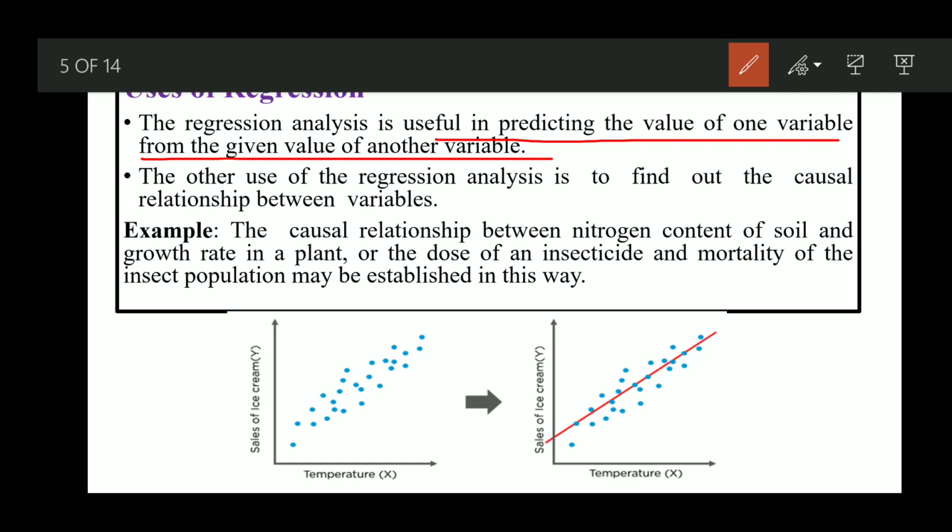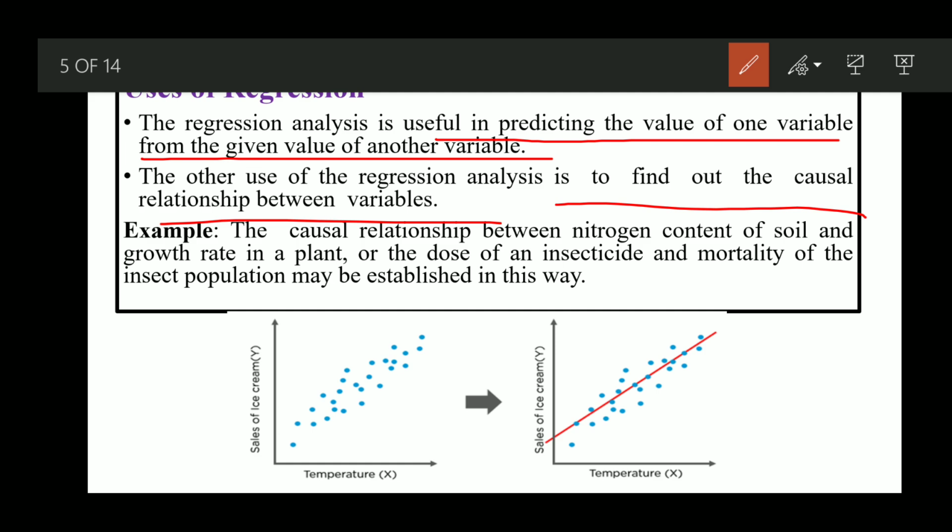Another use of regression is to find the causal relationship between variables. Suppose we manipulate the variable x and obtain a significant regression of variable y on variable x.